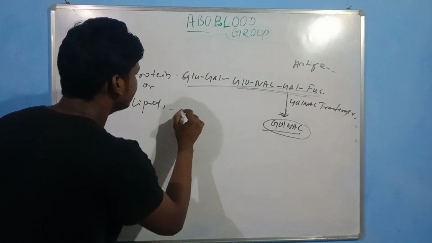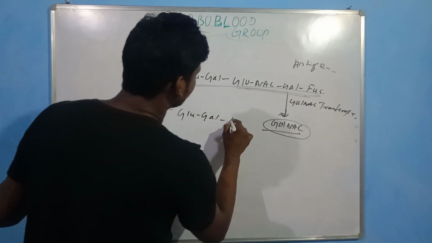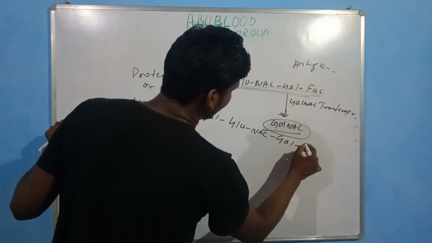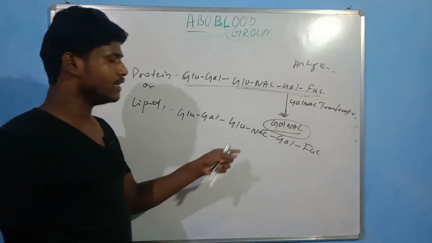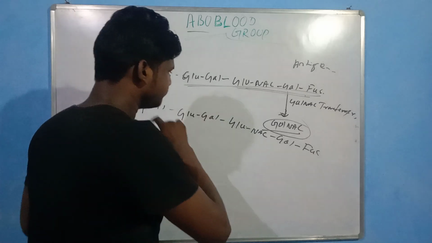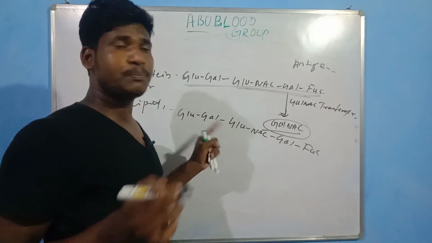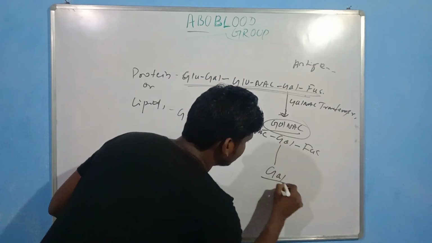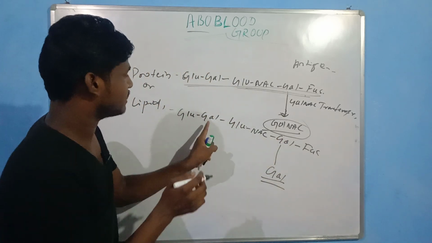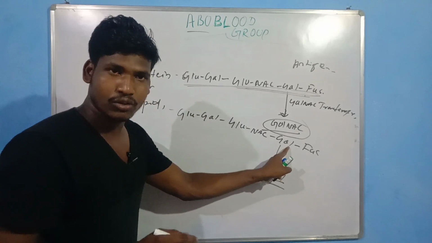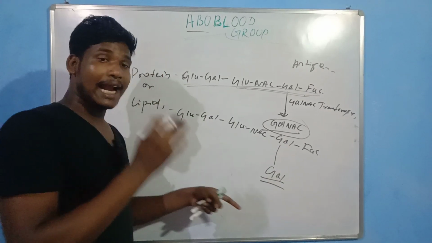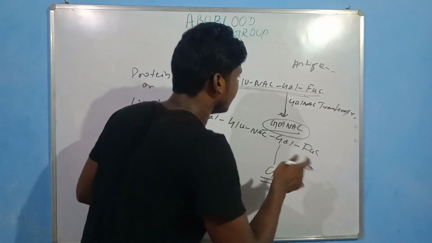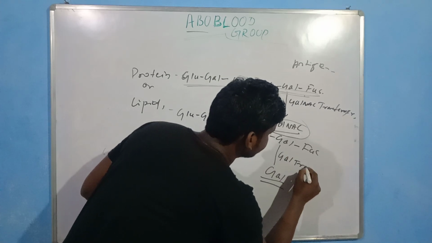The chain has glucose, N-acetyl glucosamine, galactose and fucose, with another galactose linked to it, added with the help of the enzyme galactose transferase.